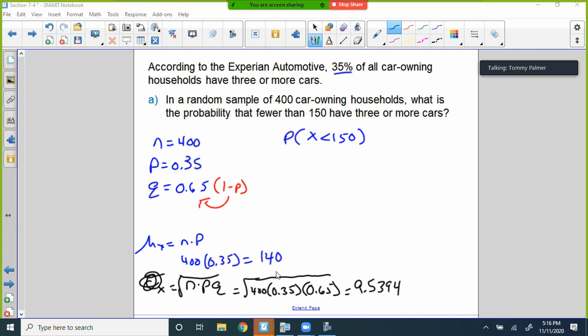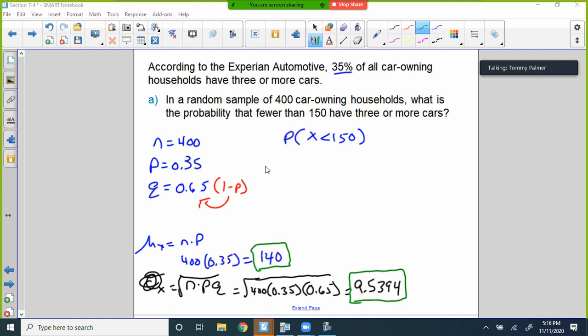Okay, so I've got the mean of X being 140, and the standard deviation of X is 9.5394. Those are all calculations you can do by hand.